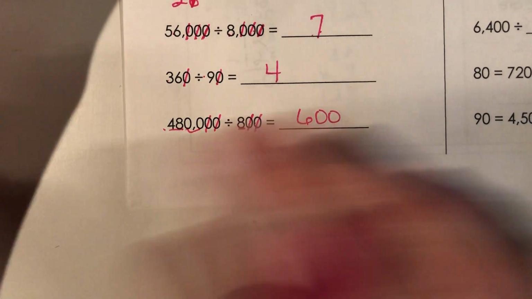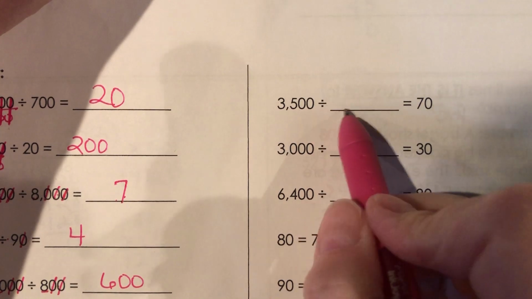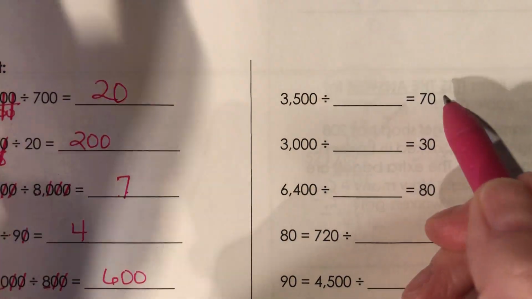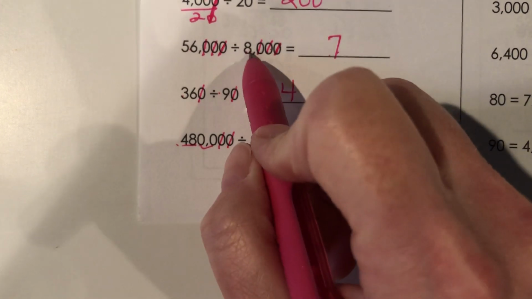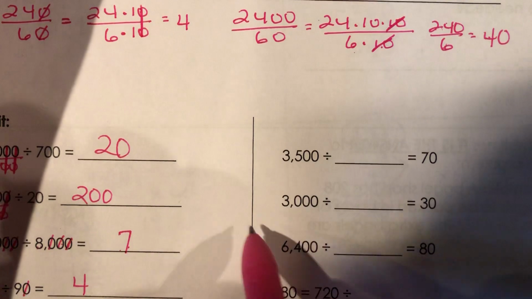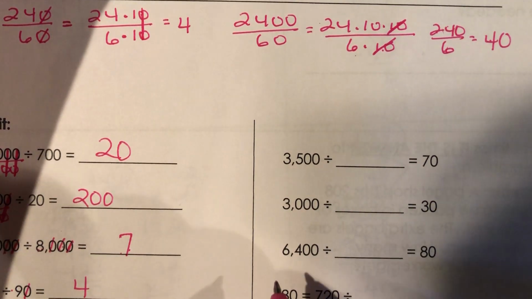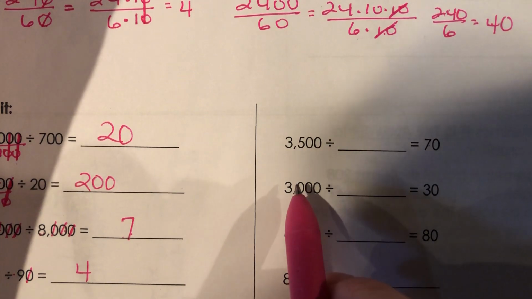Okay, we're going to try something a little bit different. I want to know 3,500 divided by what is 70. And remember how I said, well, you can just do 7 times 8,000 to get 56,000. We can use multiplication to help us figure out these, right? 70 times this will give you 3,500, right?